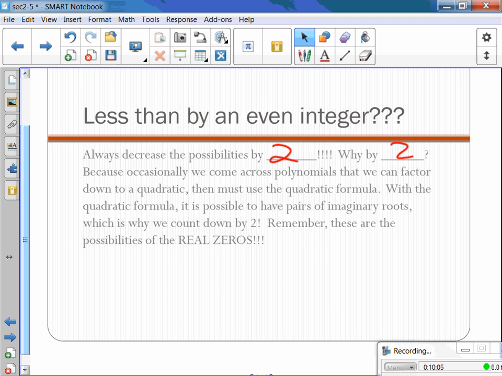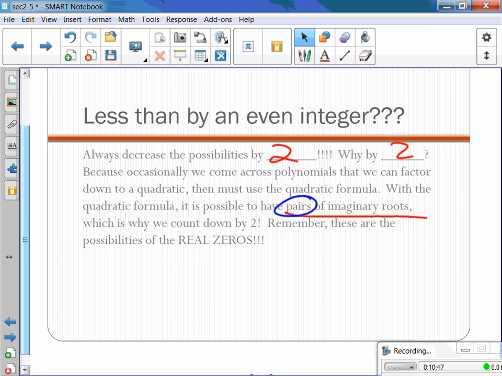When we solve that quadratic, sometimes you may have an imaginary root, an imaginary zero, which always come in pairs. Because they come in pairs, this is why we always subtract 2 using the rule of signs. I had 7 sign changes, so I'm going to decrease by 2, decrease by 2, decrease by 2, because it can always occur that I have a complex number, but it always appears in conjugate pairs.